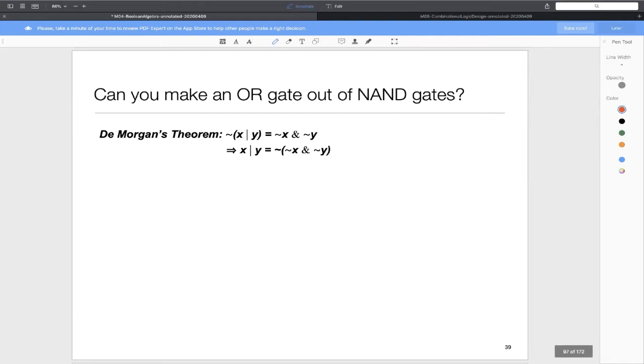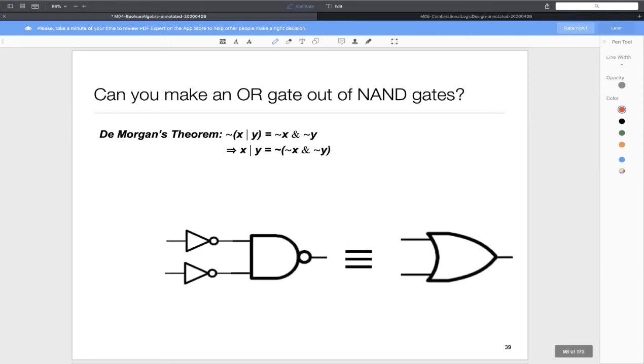So I certainly can do that. Could I make an OR gate out of a NAND gate? Same logic holds. You just use the other version of De Morgan's theorem, which lets you do that. Okay, so I can make the AND and NAND gates out of the other ones.